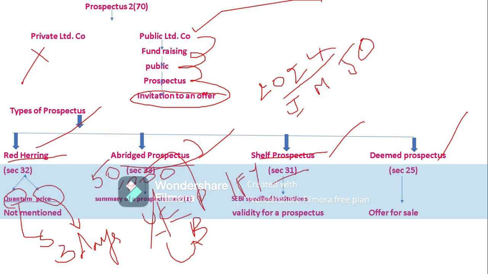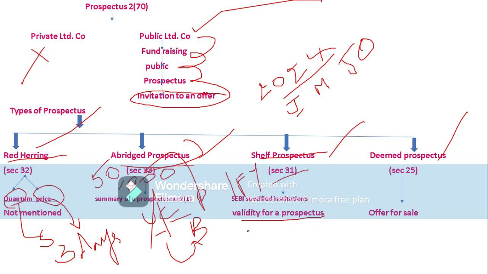SEBI gives validity for a prospectus where a company is again going for a public issue. For those companies, SEBI gives validity for a prospectus.